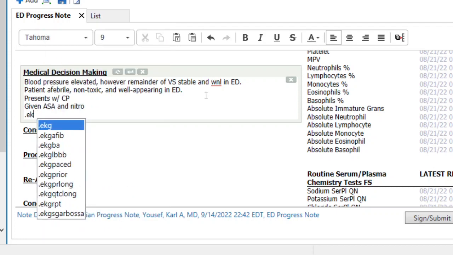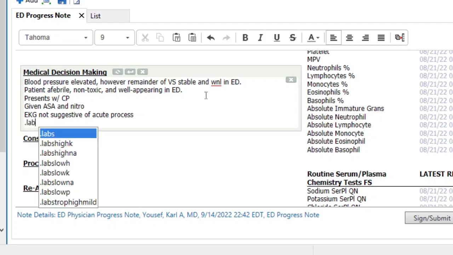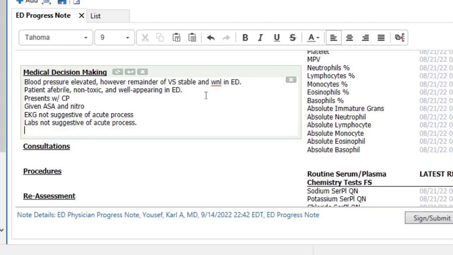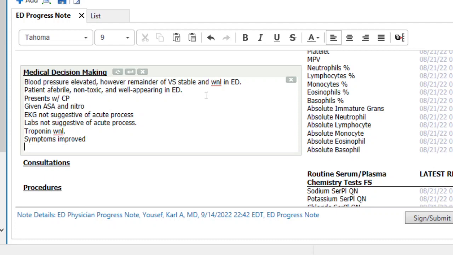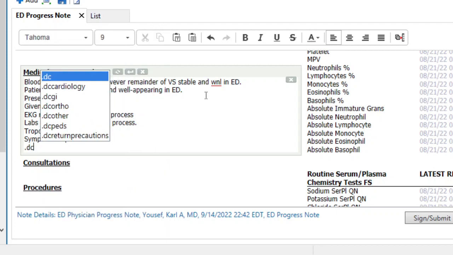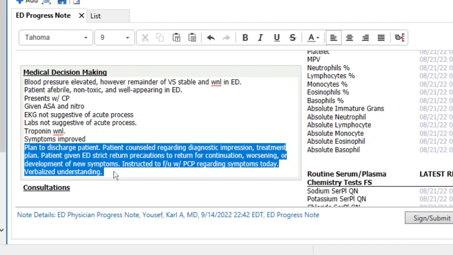So I have a dot uppercase EKG, and that just shows his EKG was normal. I want to report that his labs were normal. I want to report that his troponin was normal. I want to report that his symptoms improved throughout his stay. And then I would like to report that he was discharged. And I could even report that he was discharged with cardiology follow-up.